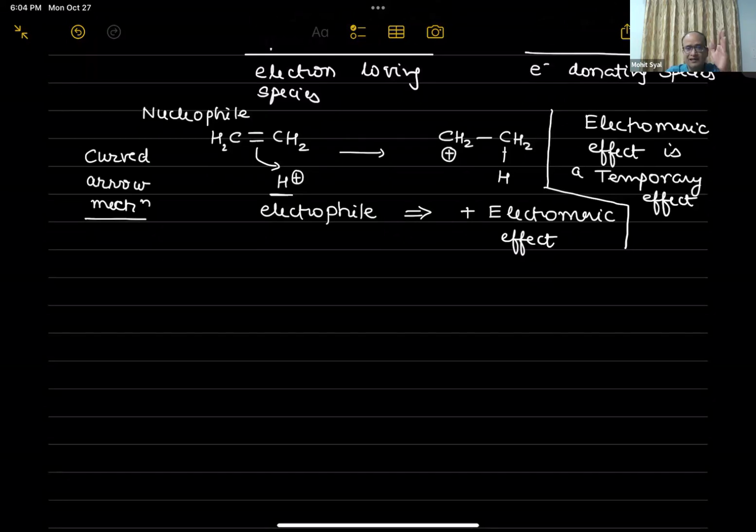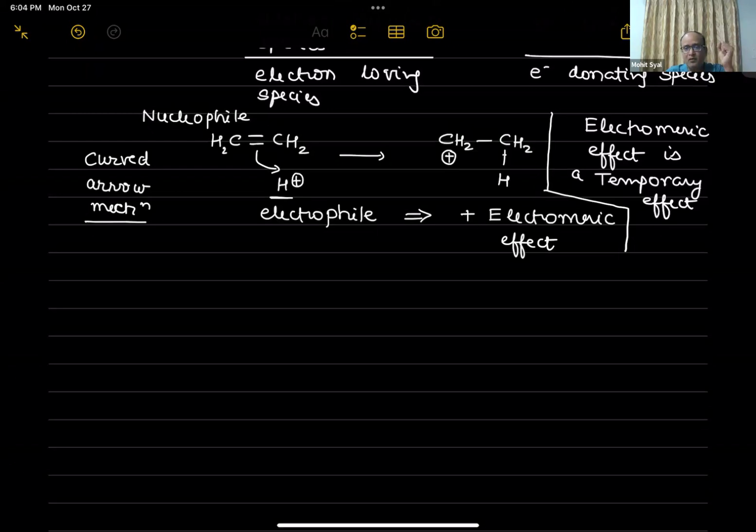So is this a permanent effect which is always there in the molecule of ethene, or is it an effect which occurred because of the presence of some species? Is it a temporary effect or a permanent effect? That's what I want to ask you.